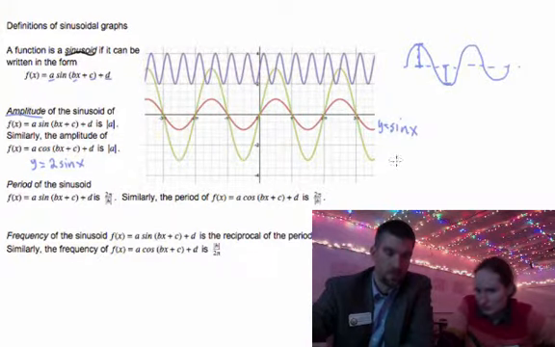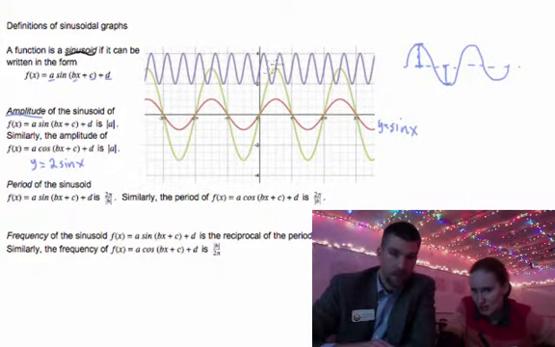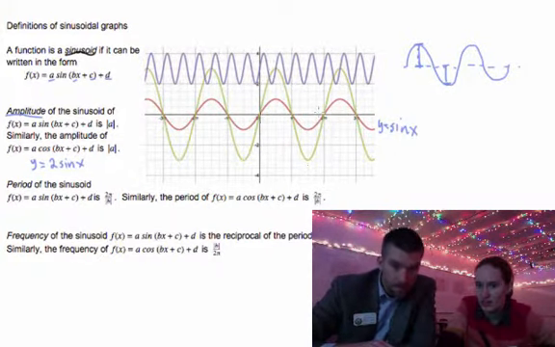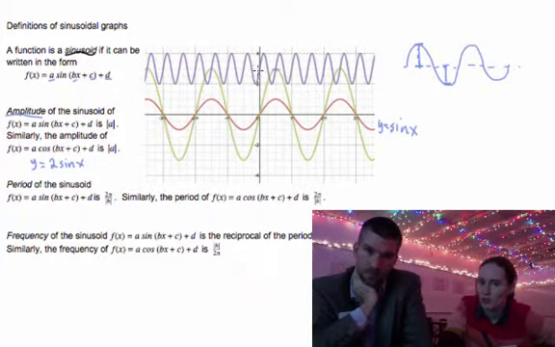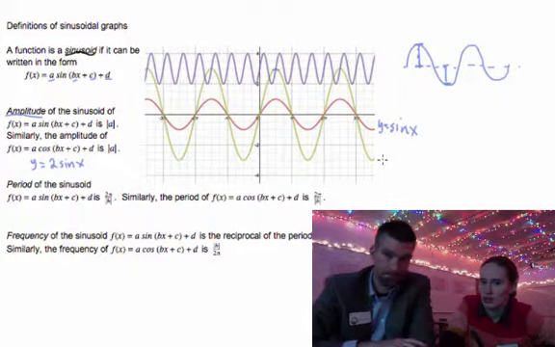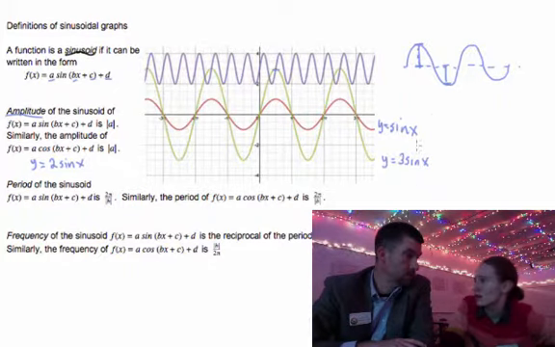Since we still have one hill and one valley by 2 pi, all that's changing is that this has an amplitude of this value up here, which I believe is 3. That's 3. So this green function is the graph y equals 3 sine x. Now, how hard was that? It wasn't that bad, to be honest.